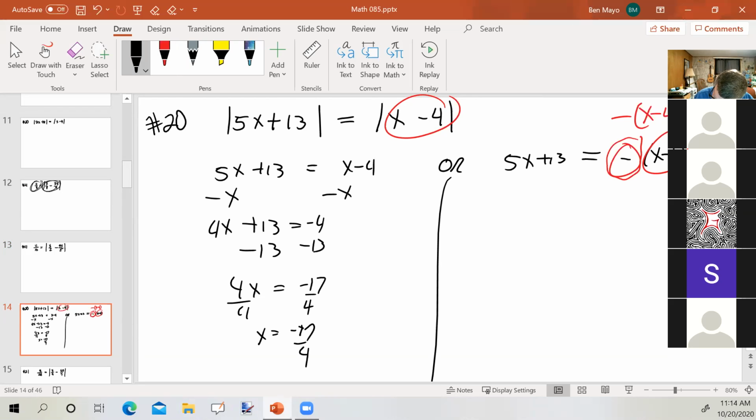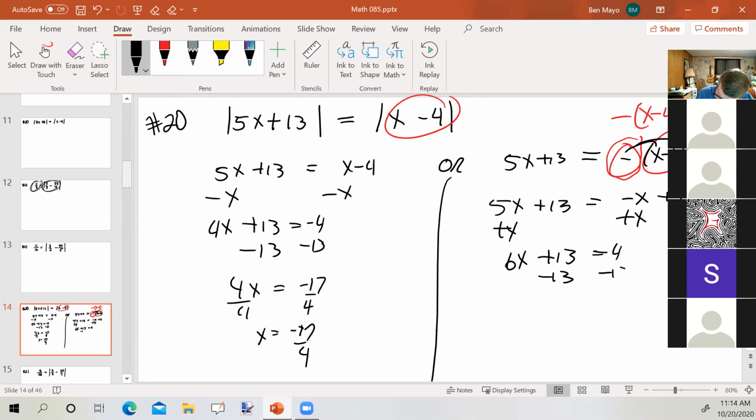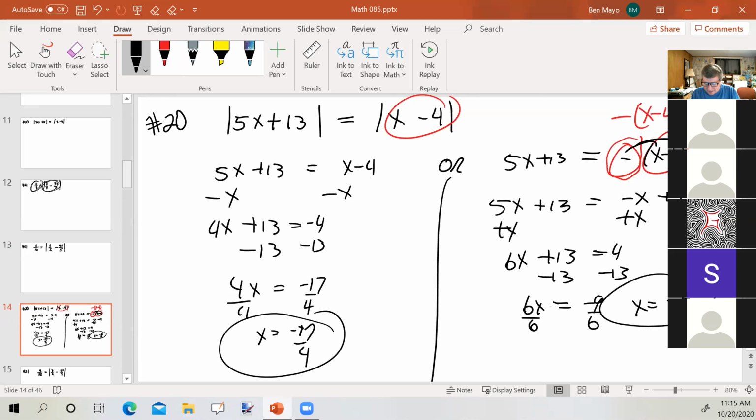Here, 5x plus 13 equals -x plus 4, distributing like I talked about, add x, 6x plus 13 equals 4, subtract 13, 6x equals -9, x equals -3/2. So we've got -17/4, -3/2.